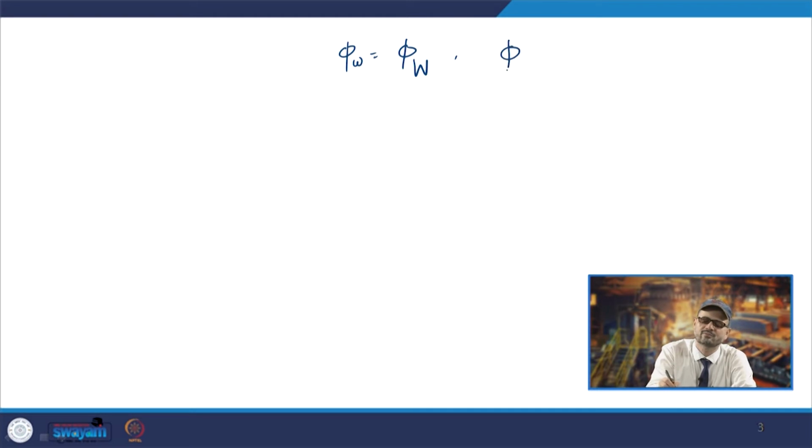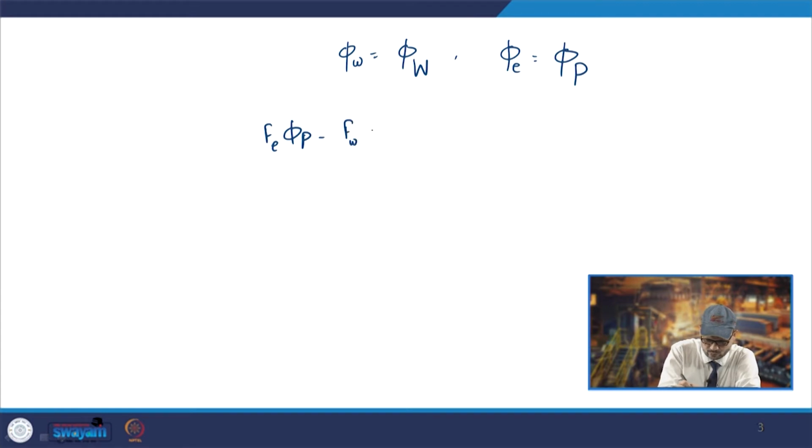Similarly, you get phi E. You will have the upstream node that is P, so you will have phi P. So you will have F E phi E, and phi E will be phi P, so F E phi P. Similarly, you have F W phi W, so phi W will be phi at the W node.